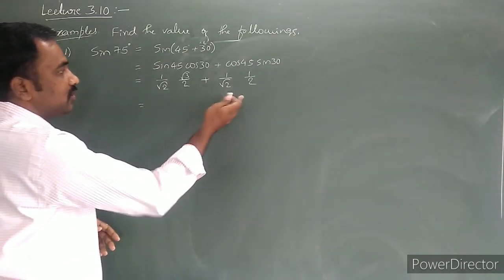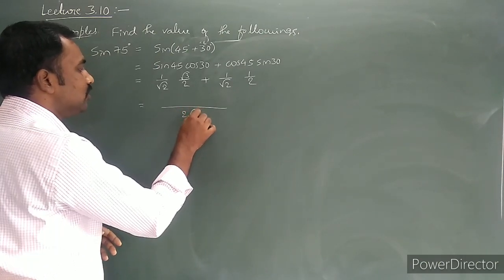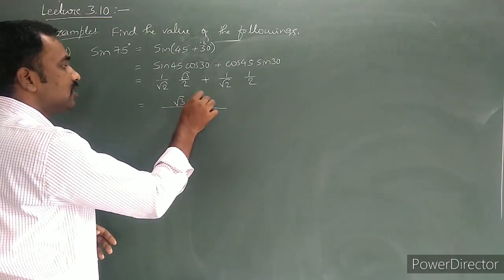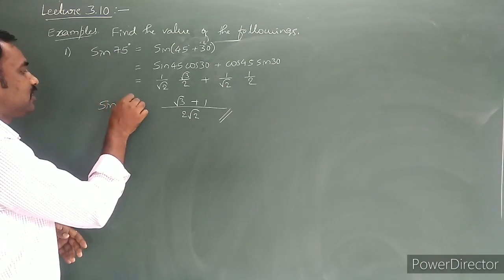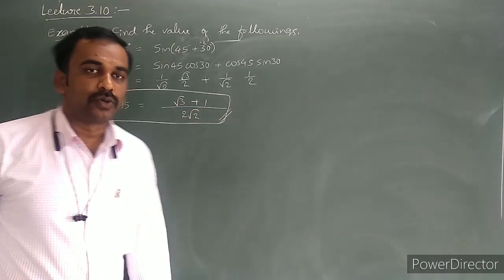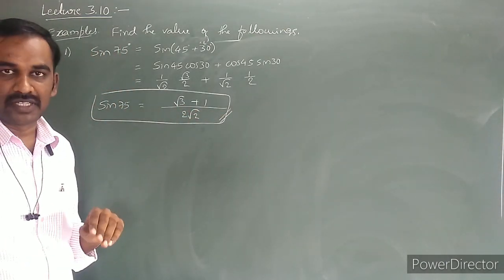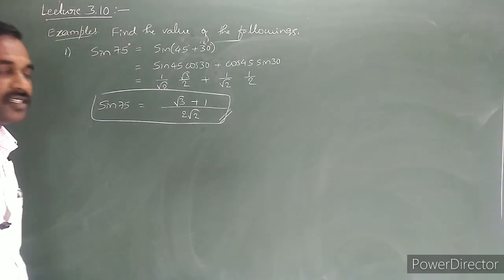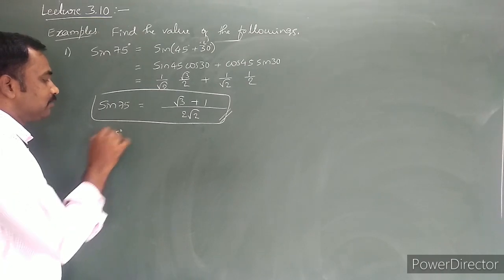So 2 root 2 is the LCM, and the numerator is root 3 plus 1. So what is the sine of 75? The sine of 75 value is root 3 plus 1 divided by 2 root 2. You can remember this value. Next, again, the cos of 15 degrees value.